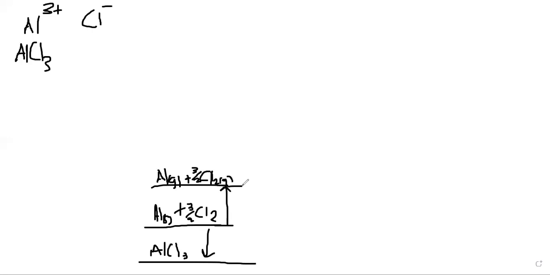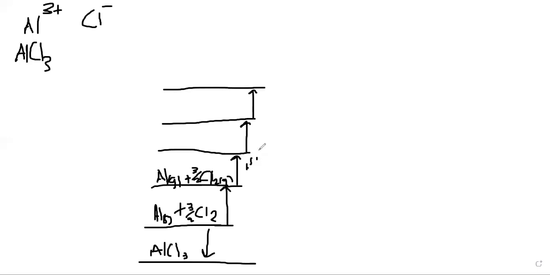Now, if aluminum is supposed to lose 3 electrons, it means we're going to need a first, a second, and a third ionization energy. So that's 1, 2, 3. So this will be the first, this will be the second, and this will be the third.